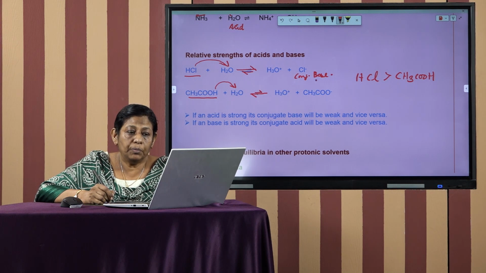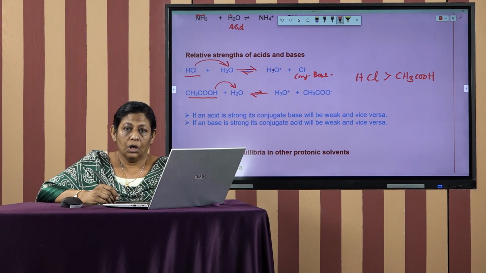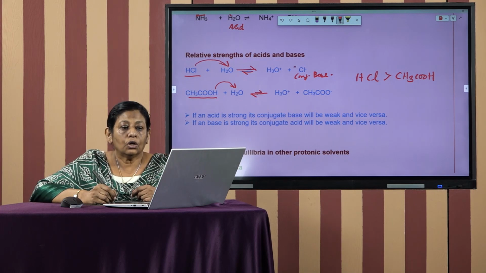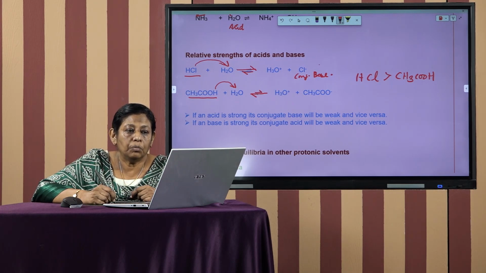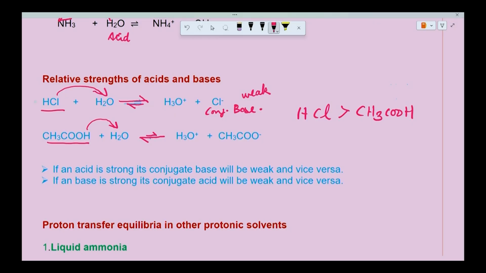Since the conjugate base has less tendency to accept a proton, you can say that the conjugate base is a weak base because it has a smaller tendency to accept the proton. In that case, you can say HCl is a strong acid just because its conjugate base is weak. That is what is mentioned here.